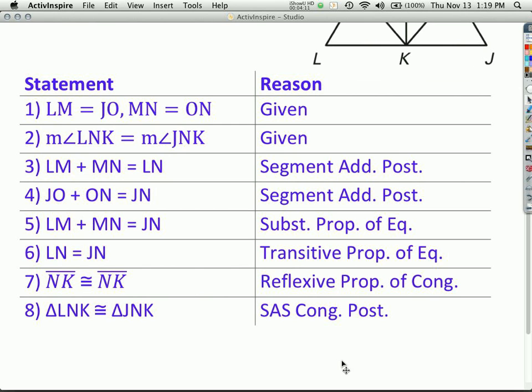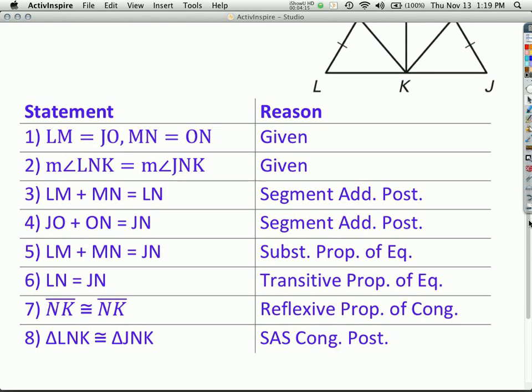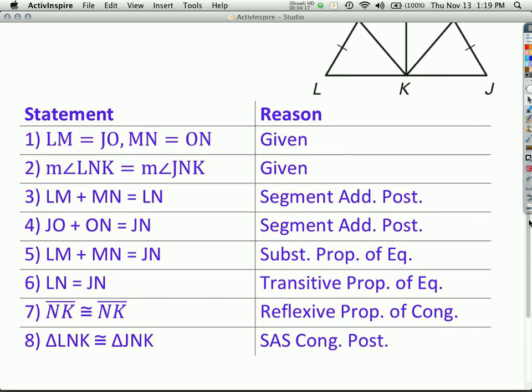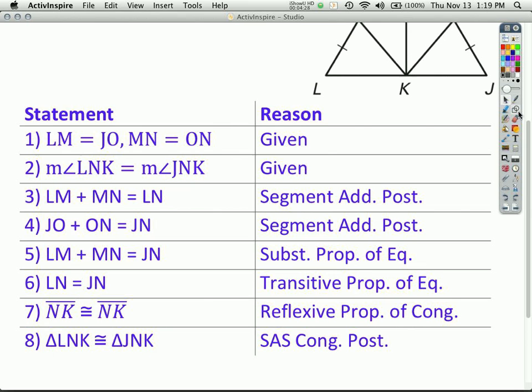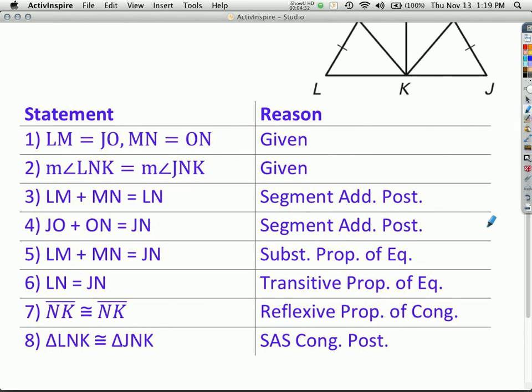I could have condensed it down into 7 probably. So 5 people agreed on SAS congruence postulate as the reason for the last statement. So you had a goal in mind.